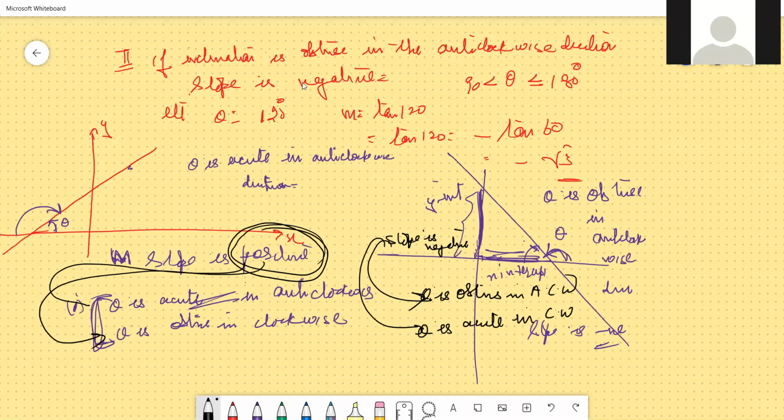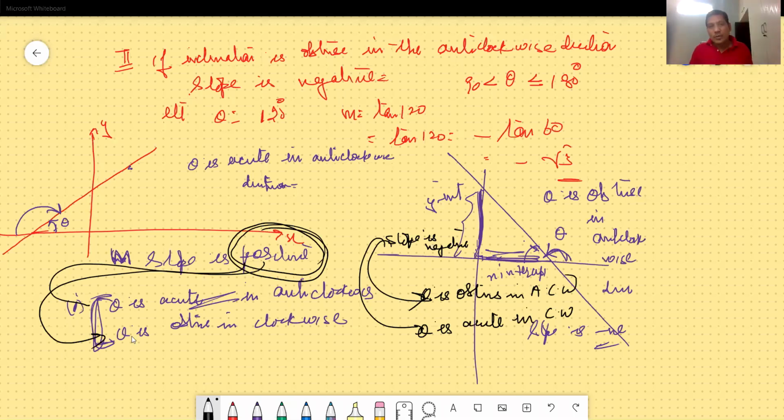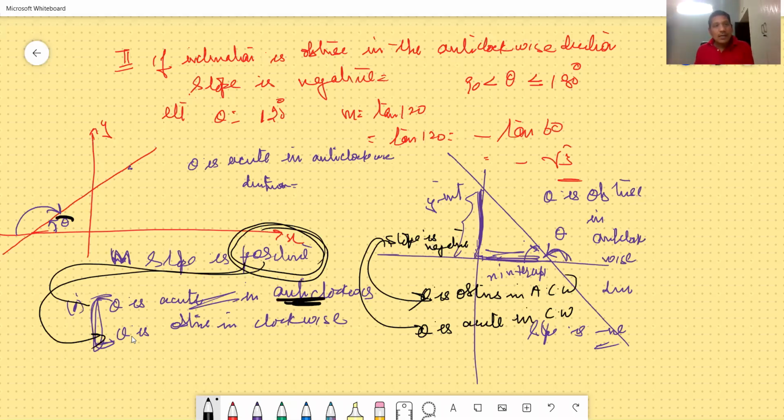I told you that slope is positive or slope is negative in two cases. Now, slope is positive when either theta is acute in the anti-clockwise direction, like here, and it is obtuse in the anti-clockwise direction, like here.